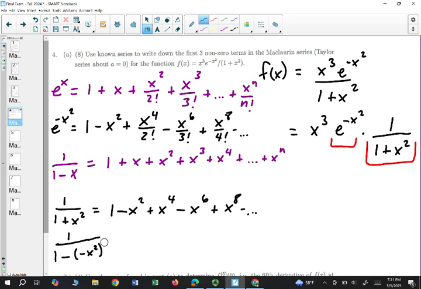Okay, I'm just going to erase this for a second because I need the space. So I have f of x. Okay, we'll have our x cubed. And now let's put in our e to the negative x squared.